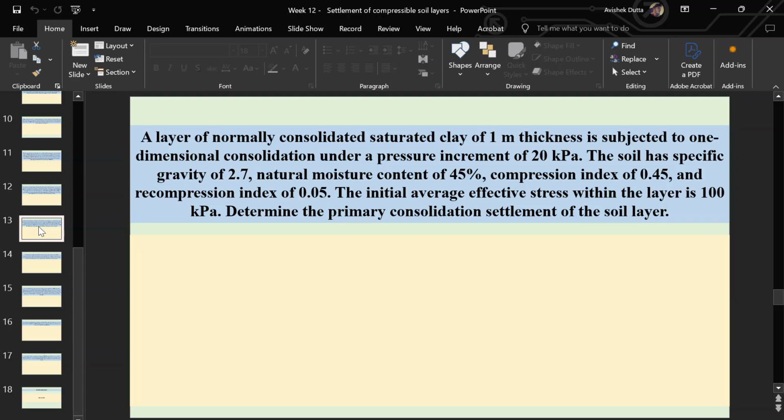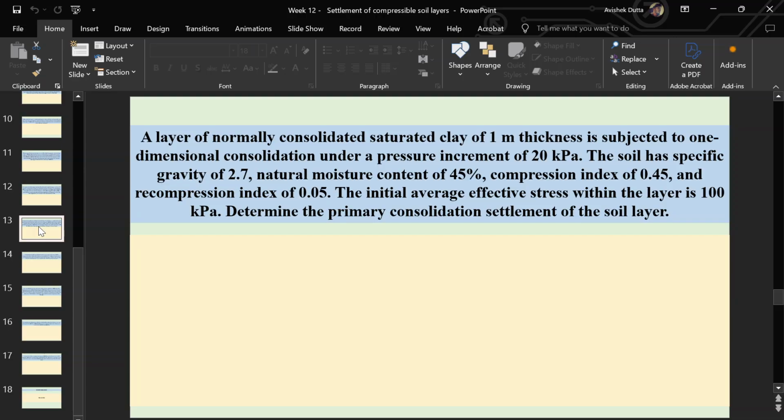I repeat the question. A layer of normally consolidated saturated clay of 1 meter thickness is subjected to one dimensional consolidation under a pressure increment of 20 kilopascal. The soil has a specific gravity of 2.7, natural moisture content of 45 percentage, compression index of 0.45 and recompression index of 0.05.